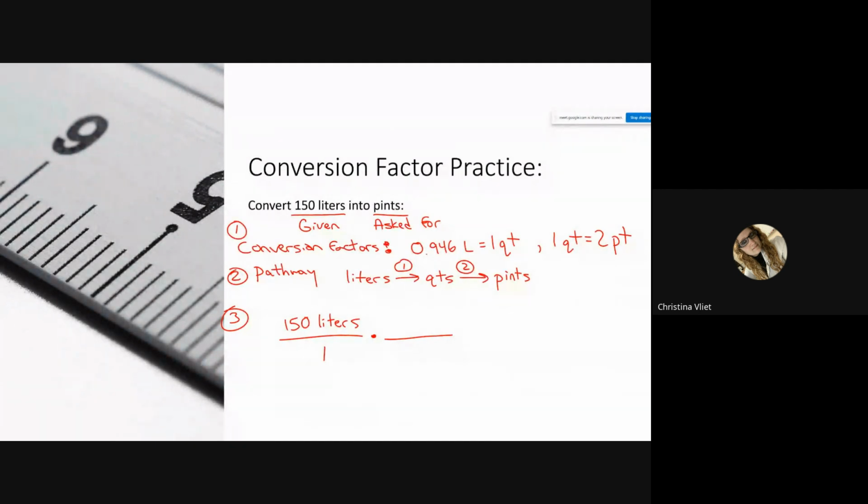What goes on the top and what goes on the bottom? Quarts should go on the top. And if you want to write it out the same way so that you understand that it's canceling, you could write out the word liters. And liters go on the bottom. Why? Why is it quarts on the top and liters on the bottom?